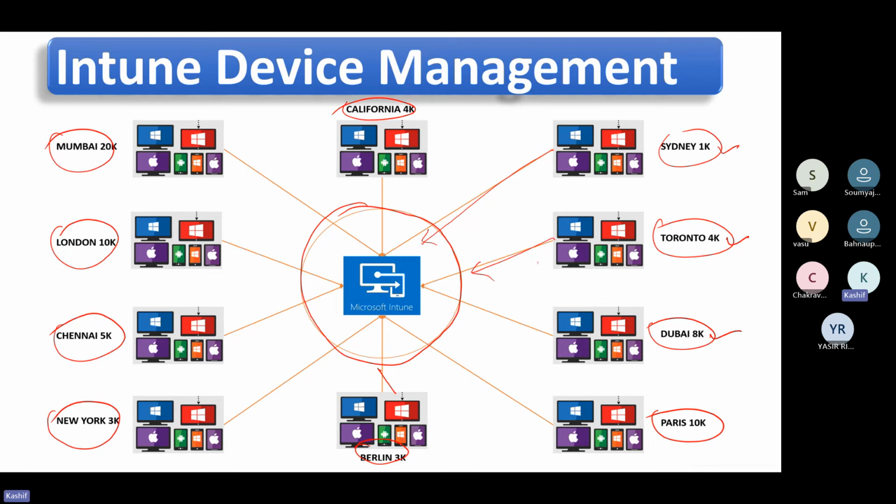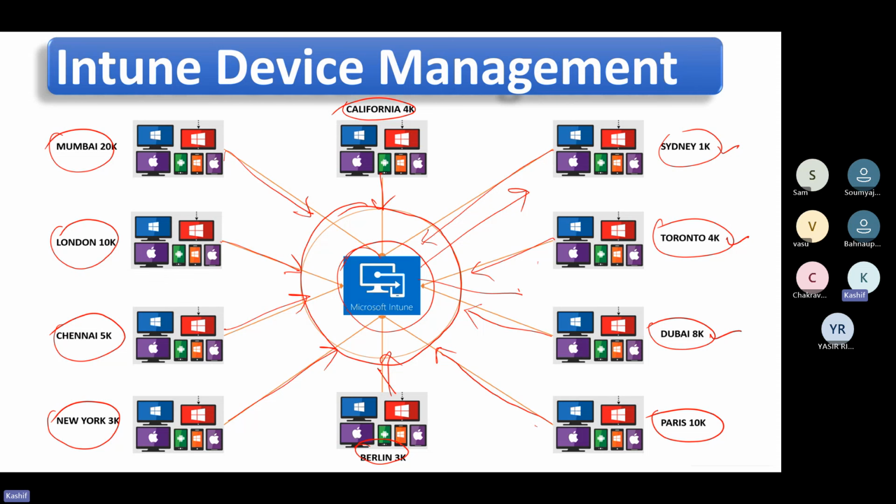All the devices from each location, we need to enroll them into Intune. Once the devices are enrolled, you will have complete control on the devices. From the Intune portal, you can deploy applications to the devices.